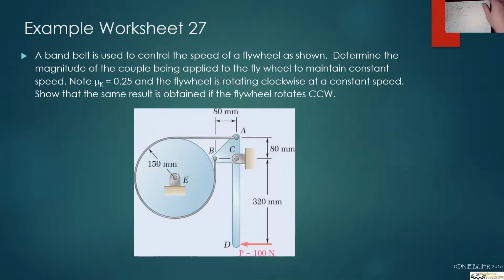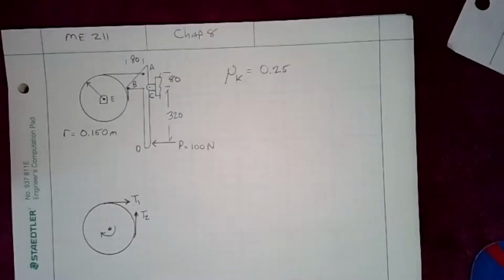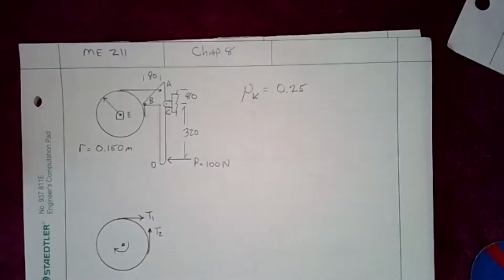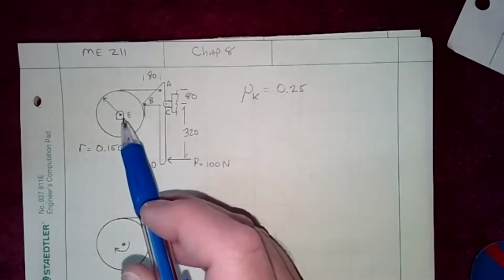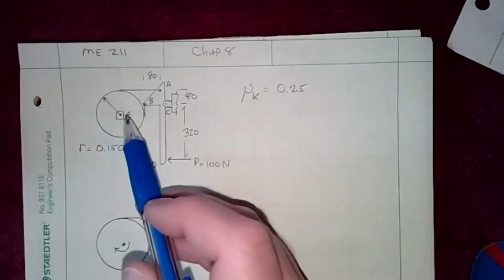Just like any other statics problem, you're going to start off by sketching it out, and then look at individual pieces, similar to what we did in chapter 6. So we start off, we have our drawing. We know our radius is 0.15. We know we have the center E, given the radius.